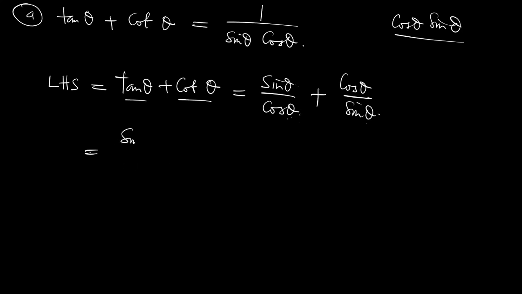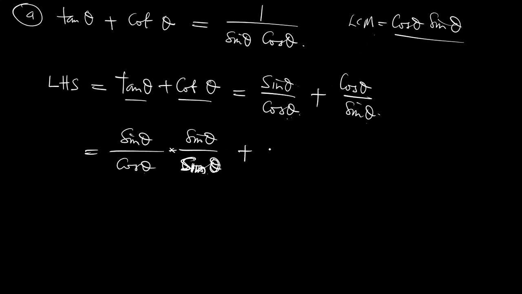So you now have sin theta divided by cos theta times sin theta divided by sin theta. This sin theta divided by sin theta is the same thing as 1.